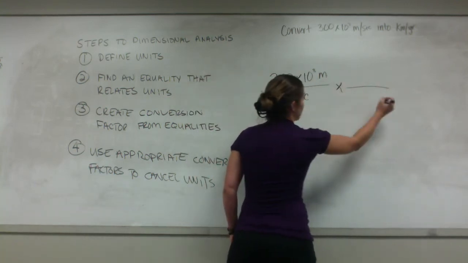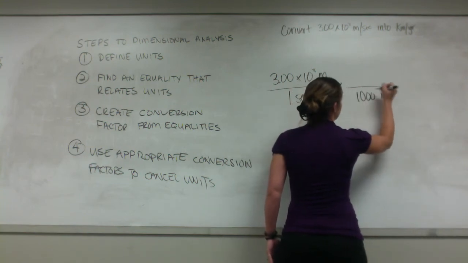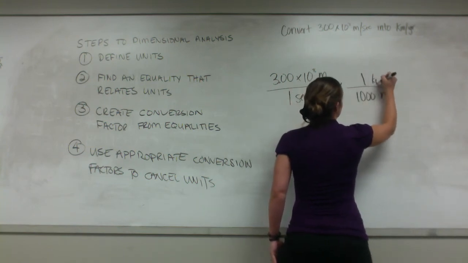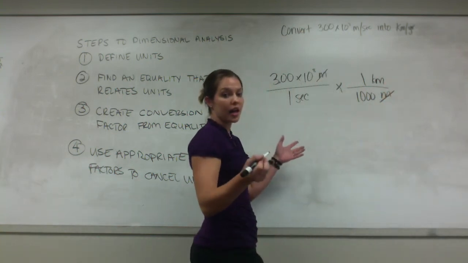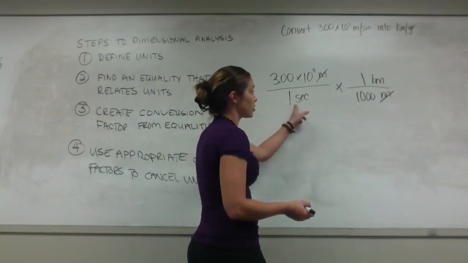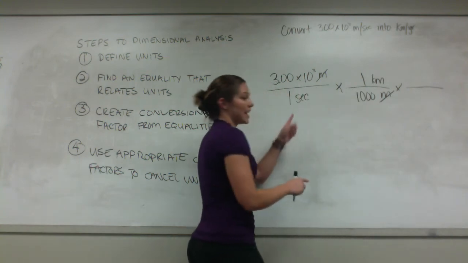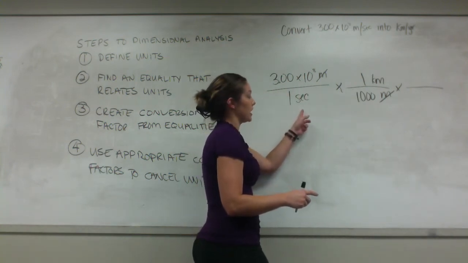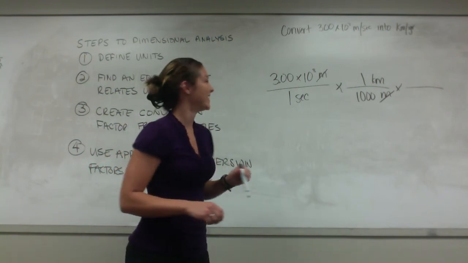So we need meters on bottom, so it's 1,000 meters to 1 kilometer. All right, so now we have kilometers on top. Ta-da! We're halfway there. Now we need to get seconds to years. So seconds are on bottom, so to cancel out those seconds, we have to put it on the top. I should have written this smaller. I'm out of room.